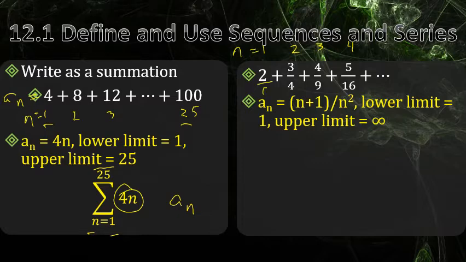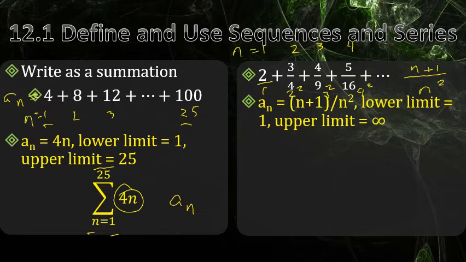If we do that, it looks like the numerators are just 1 more than n. So the top would be n plus 1. The bottom, this is 1 squared, 2 squared, 3 squared, 4 squared. So that is just my n squared on the bottom. So it's n plus 1 over n squared.